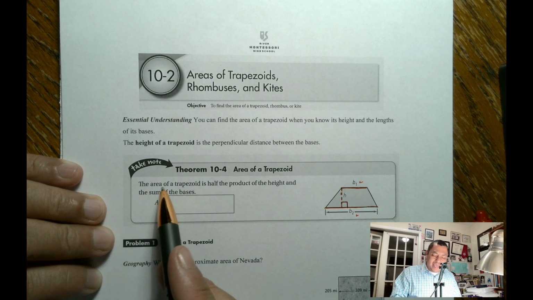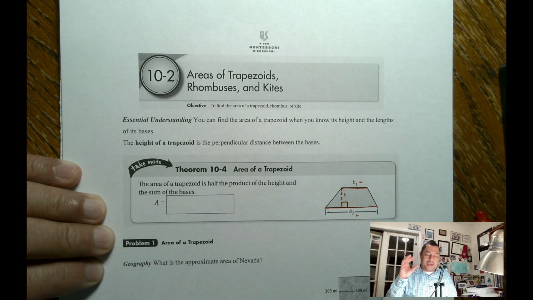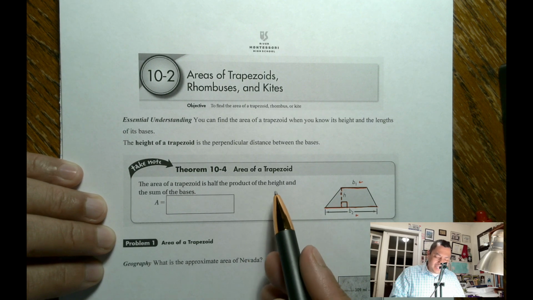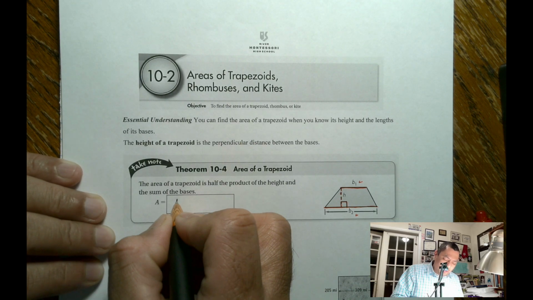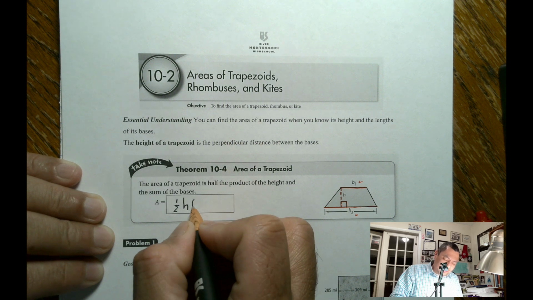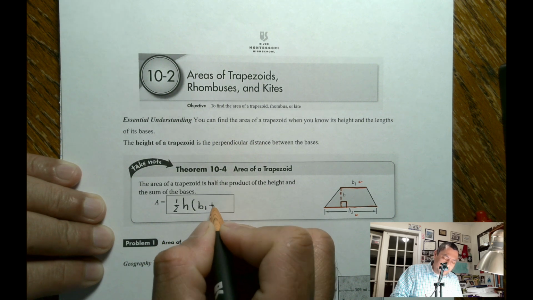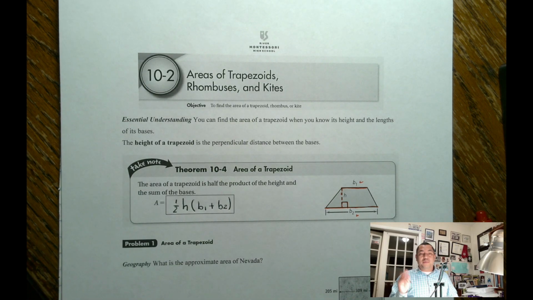So the area of a trapezoid is half the product of the height and the sum of the bases. My formula is 1/2 the height times base 1 plus base 2. That's going to be my formula.